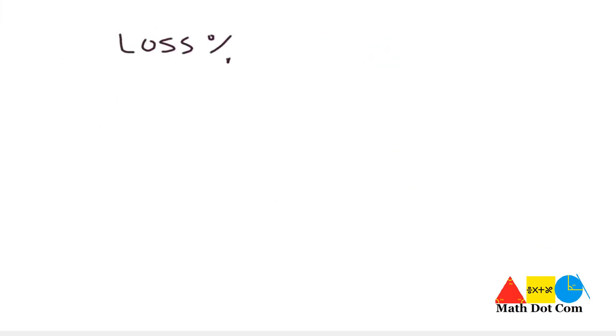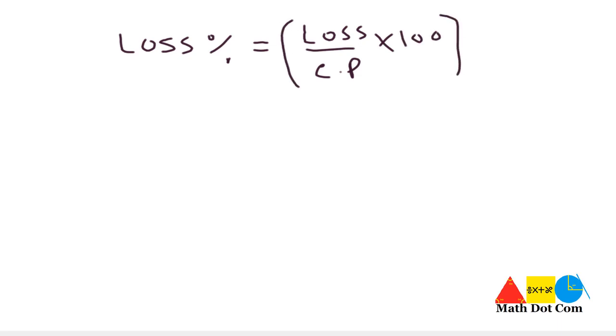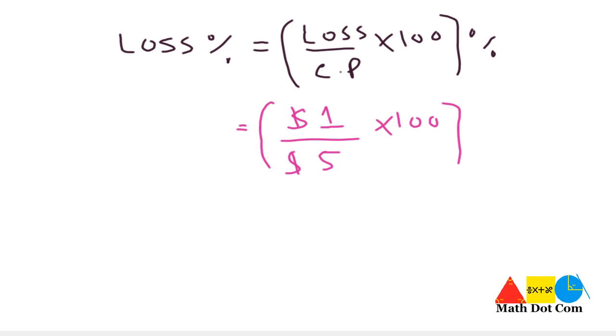Loss percentage is equal to loss over CP into 100 percent. Okay, we had the loss of $1 and the cost price was $5 into 100. We are going to calculate the percentage of loss.